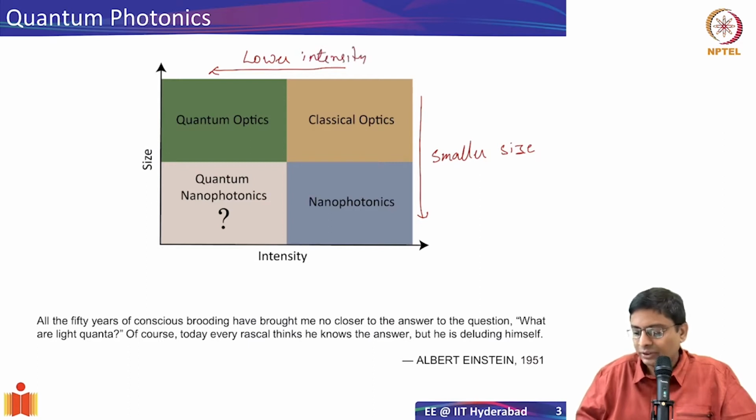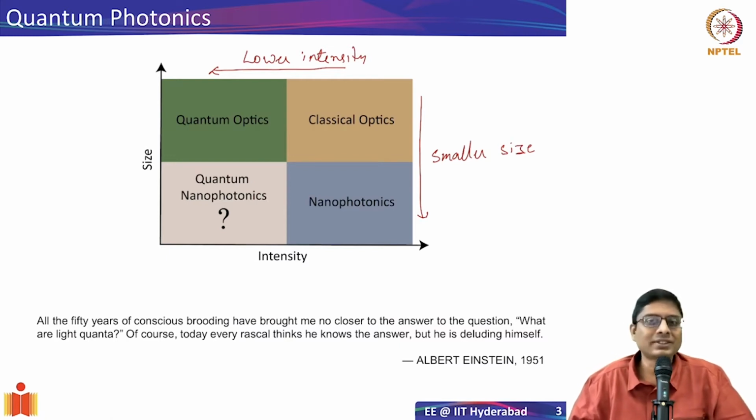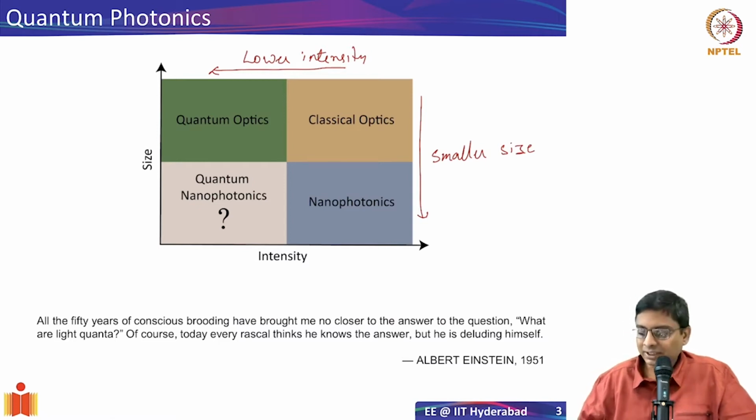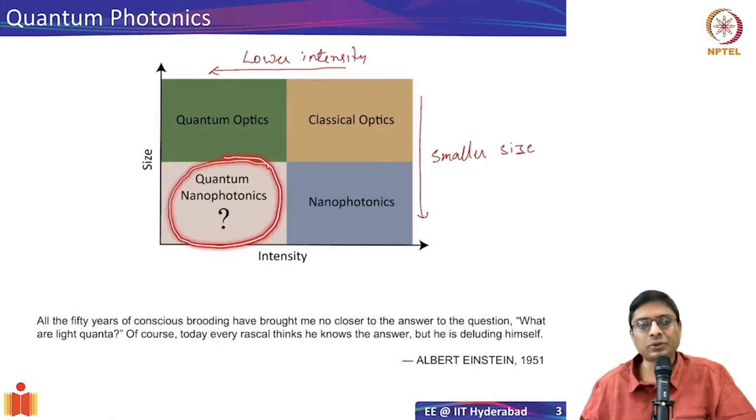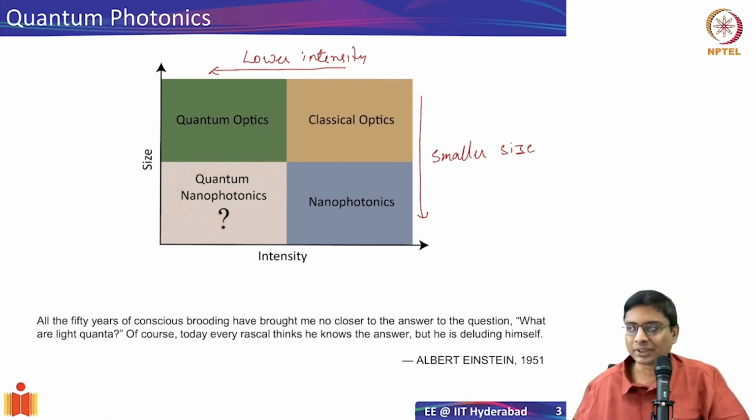When you reduce the intensity, you move into a regime where there are just a few photons, and then you can understand and study the properties of few photons. That is quantum optics. Personally, I believe the next 15-20 years of research is going to be in the realm of quantum nanophotonics, which combines both the smaller size and the lower intensity. This is probably where a lot of research will happen in the next 15-20 years.